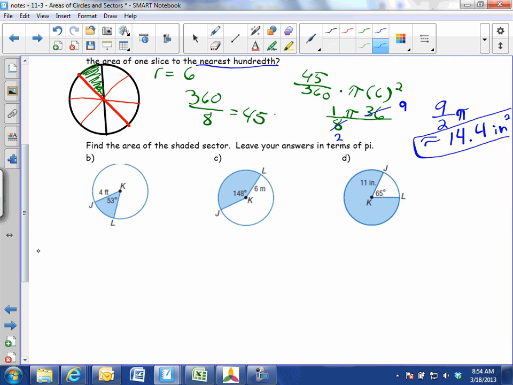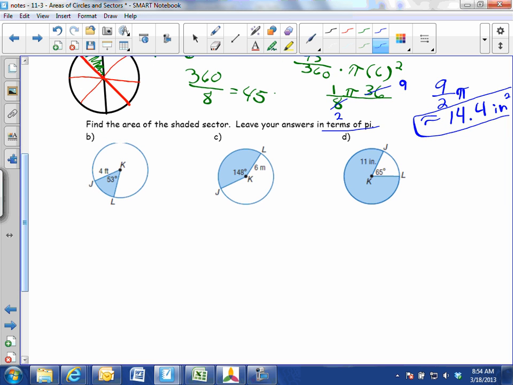Okay, let's try B. It says find the area of the shaded sector and leave your answer in terms of pi. So don't actually take it times 3.14, just reduce that fraction. Remember we have the measure of the arc over 360 times pi r squared.